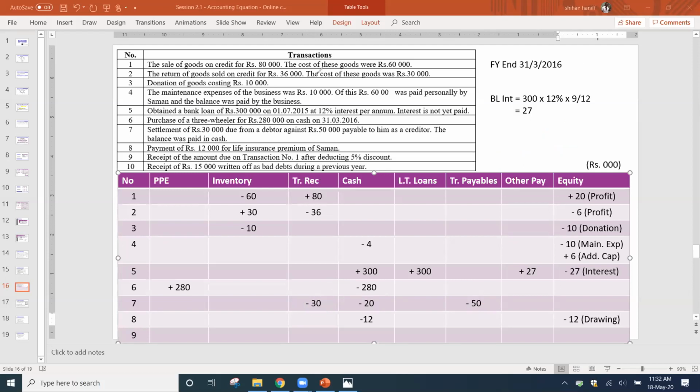So I hope it is clear. Let me know if you didn't understand. Transaction number 9. Okay.